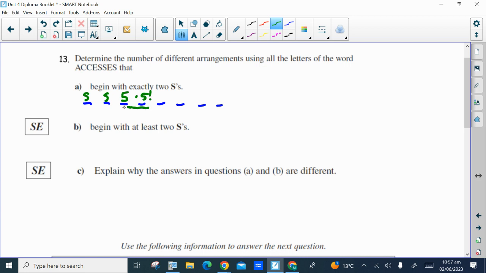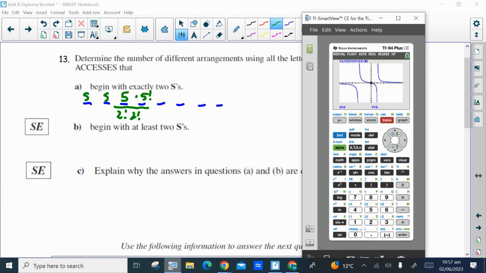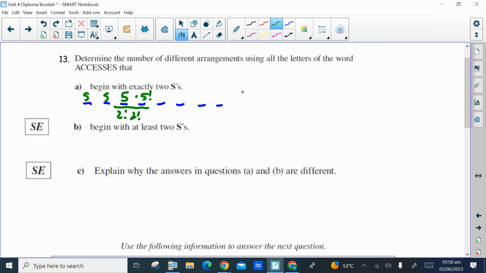So we have to divide by 2 factorial and 2 factorial. So it's 5 times 5 factorial over 4, because 2 factorial is 2, 2 times 2 is 4. 5 times 5 factorial divided by 4. 150 is the answer.